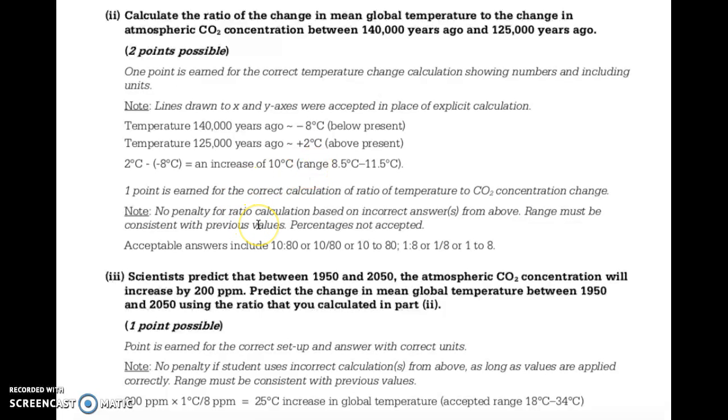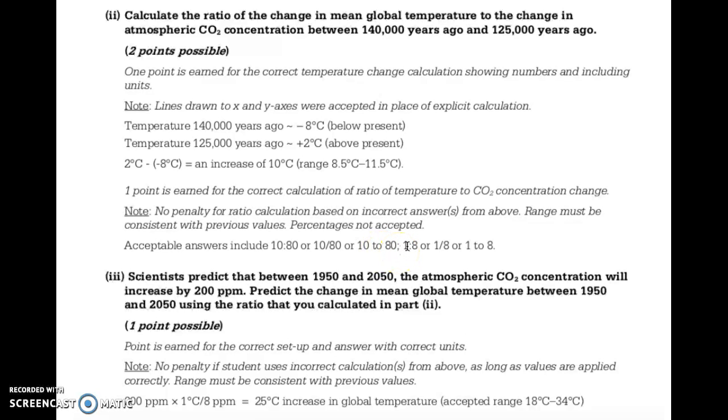Now they asked you to set up a ratio. They did not ask you to find a percentage. They did not ask you for a decimal. So you need to have it in the form of a ratio. So you will have whatever your temperature change was that you calculated, somewhere between 8 and 12. And then you'll either have a colon between it, a slash like a fraction, or you can write it out in words, 10 to 80.